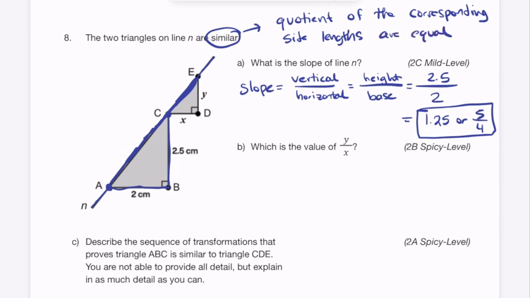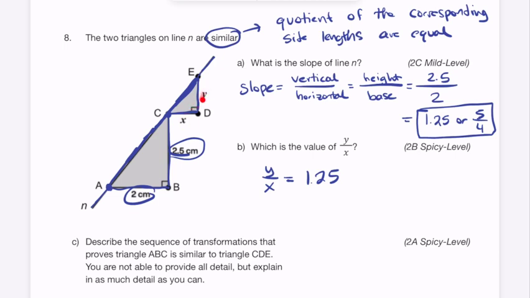So y divided by x has to be equal to 1.25 because it is equal to the corresponding side of 2.5 divided by 2. y divided by x would give me the slope of this line, and 2.5 divided by 2 gives me the slope of the line. When we have similar triangles, you can divide the side lengths that match up and you'll get the same number. So it doesn't matter if you don't have to know these, y and x.